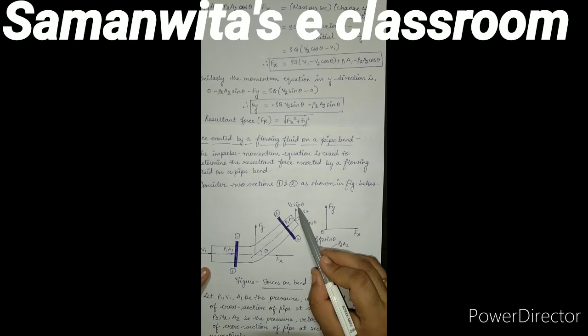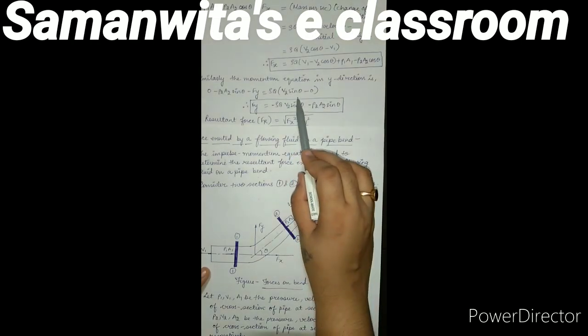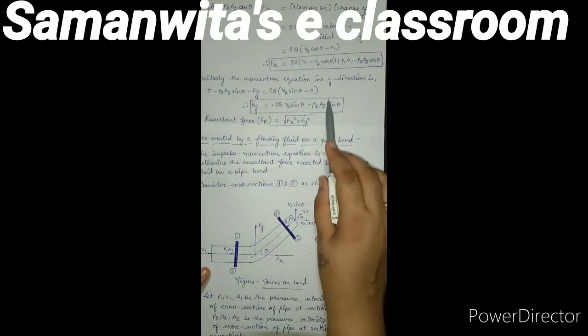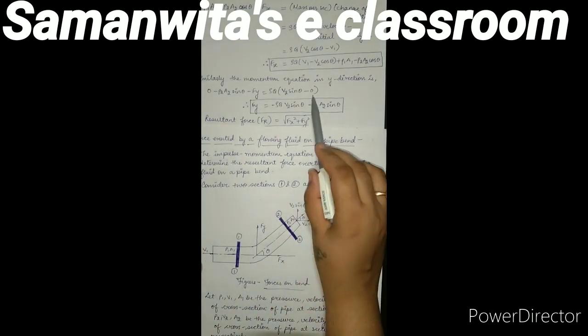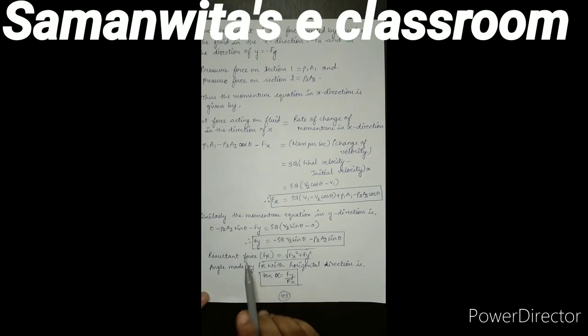I am taking the sign convention as positive, so it is v2 sine theta minus the initial velocity v1, which does not have any component in the y direction, hence it is 0. Now when I solve this, I will get Fy is equal to minus rho q v2 sine theta minus p2a2 sine theta. This is just a formula, you need not remember it, you need to solve it every time for a numerical given.